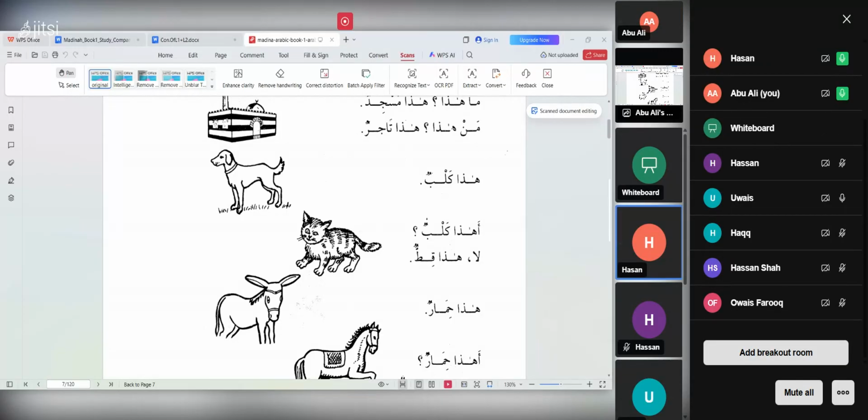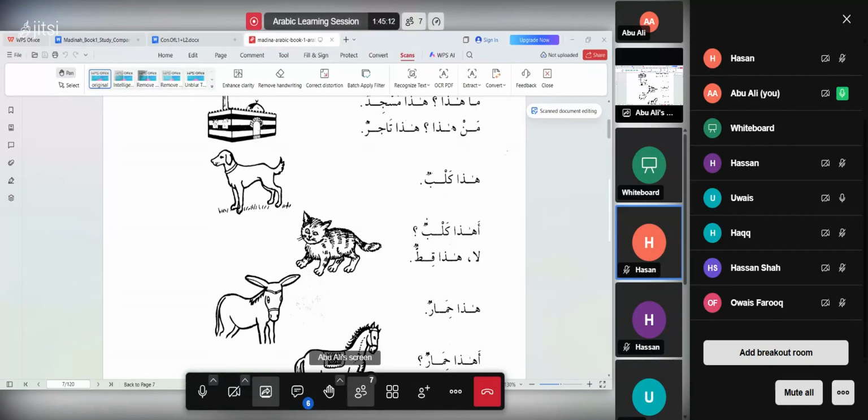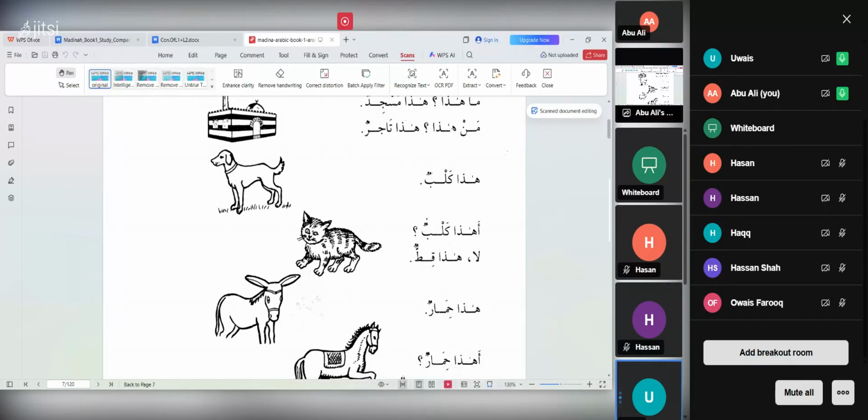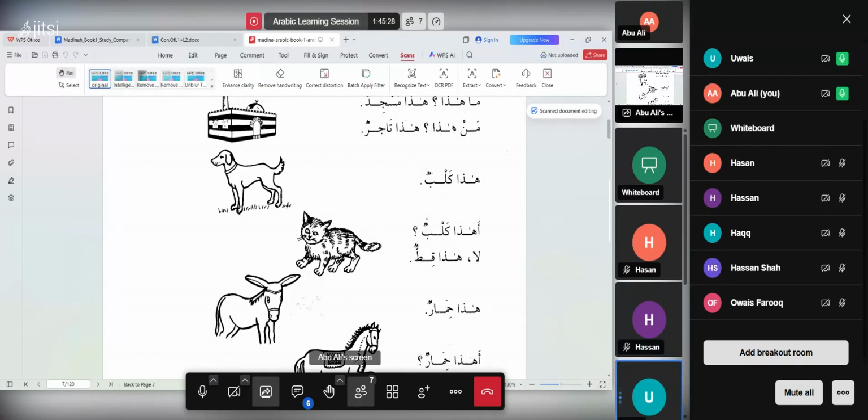Okay. Thank you. So if you're not sure about something, and you want to make sure, is this a dog? You say أهذا كلب. But when you don't know at all what it is, you say, what is this? ما هذا.